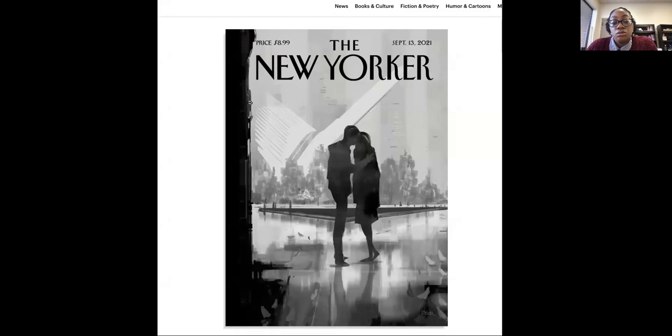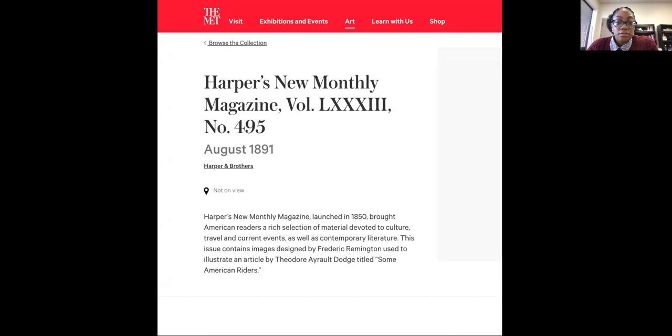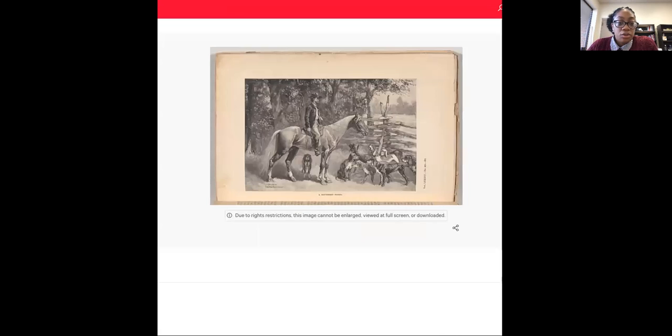This is the most recent one, from September, of the New Yorker. It's really about two young adults who weren't born at the time of 9/11 or were too young to remember it, but they're still trying to understand what's going on with the world and how it changed, how we do even security. And this is an example of some of the earliest illustrations in a magazine, which is now called Harper's Bazaar.